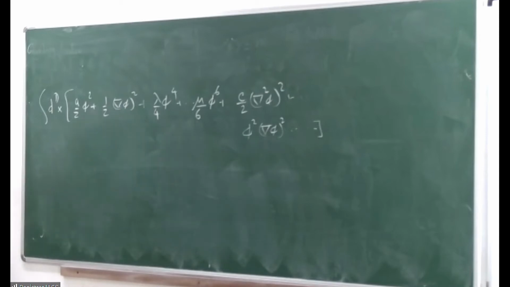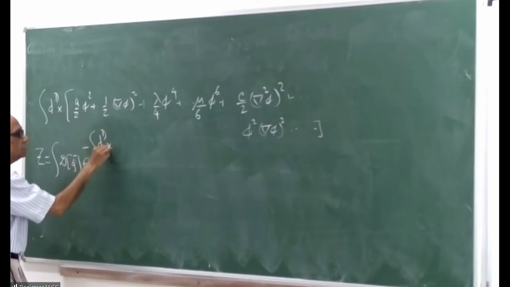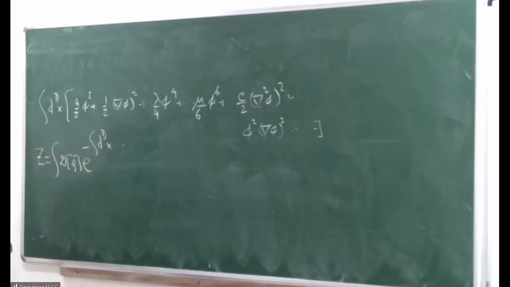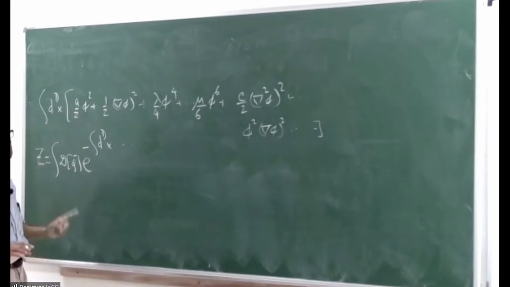Your calculation is the integral of d phi, e to the power minus the integral d^d x of all this. Anything in the exponential has to be dimensionless, therefore this quantity is dimensionless.